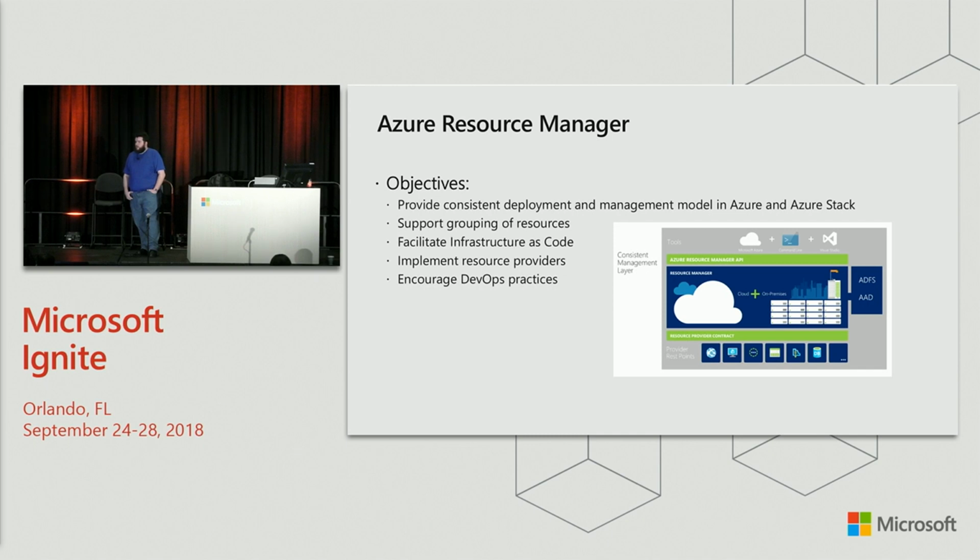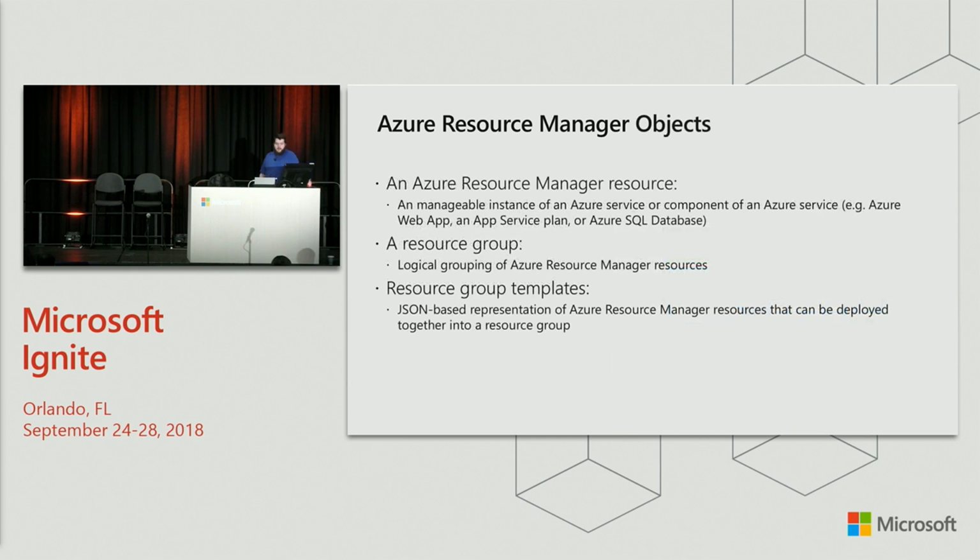It facilitates infrastructure as code, so from a DevOps approach, if we want to use ARM templates or use automation beyond just deployment, the actual configuration and ongoing maintenance of those VMs, we can do that.